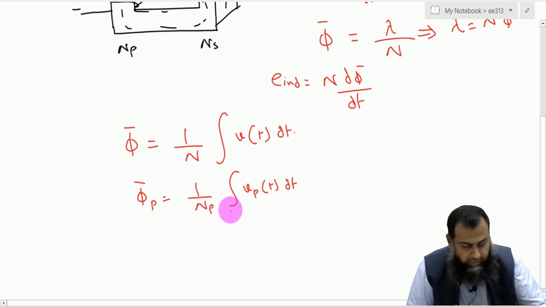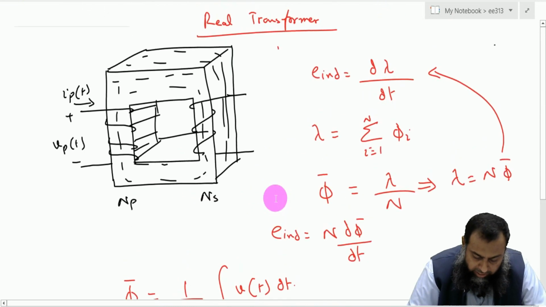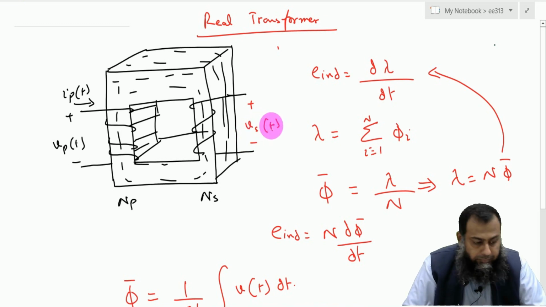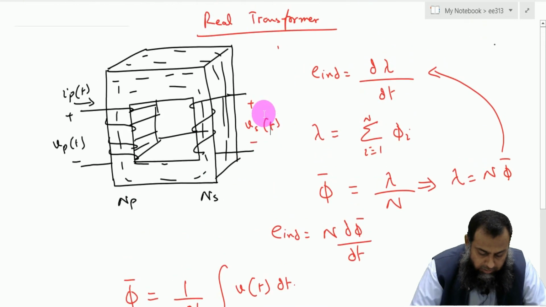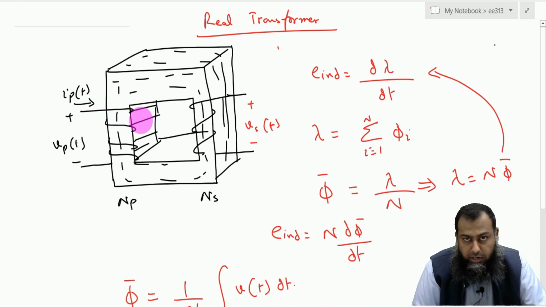Now, the question here is: if we have an unloaded secondary winding, just like we have shown here, how does this average flux link with the secondary winding? Let us see what happens when we energize the primary winding of this transformer.